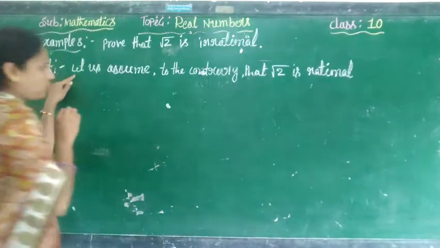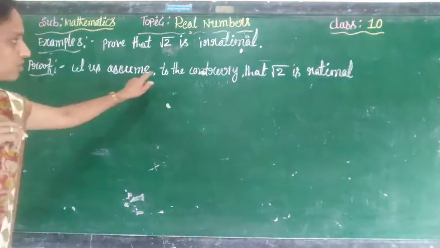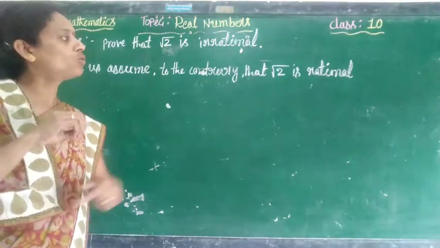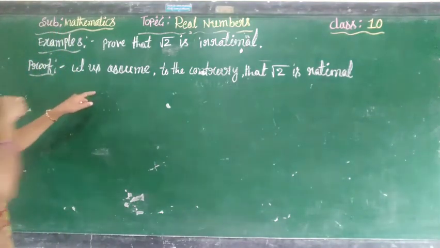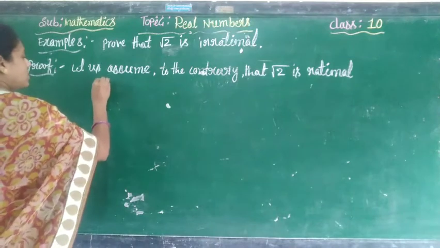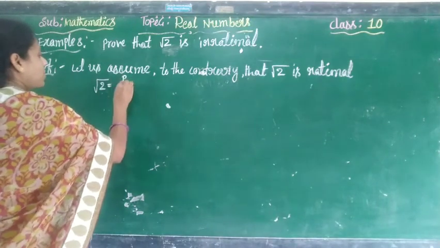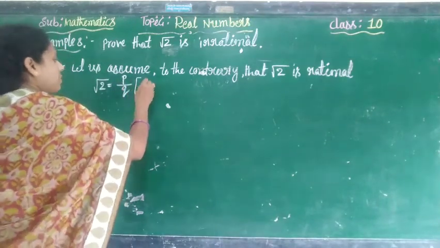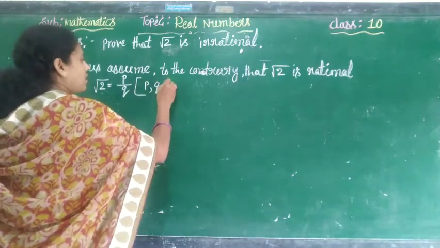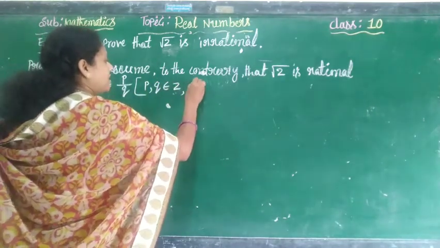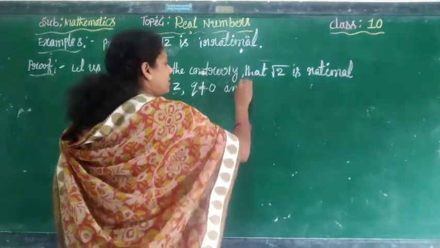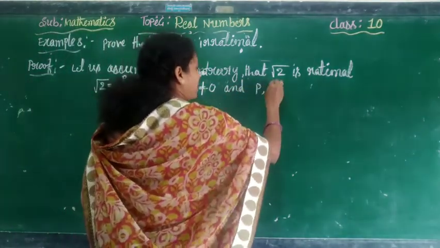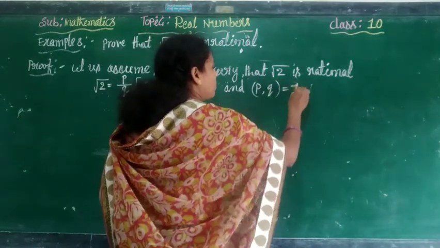Now let us assume to the contrary that root 2 is rational. So root 2 is equal to P by Q, where P, Q belongs to Z, Q is not equal to 0 and gcd of P, Q is equal to 1.